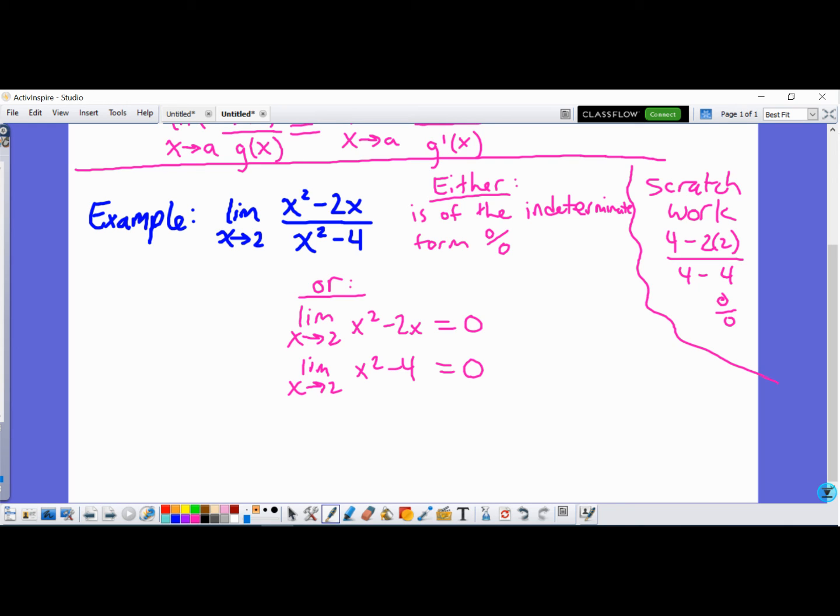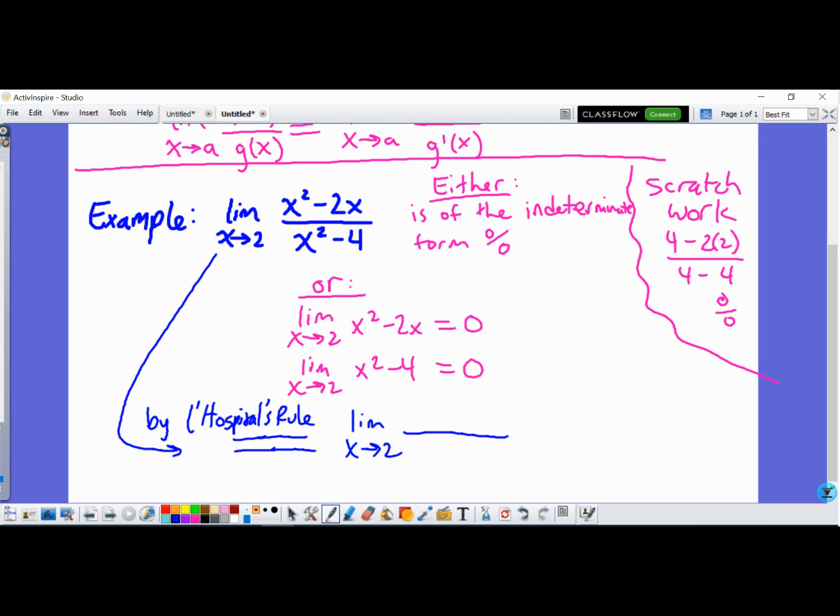So now what I can do is rewrite this limit and say this equals, by L'Hopital's rule, the limit as x approaches 2 of, and we're going to take the derivative of the numerator, 2x minus 2, right?